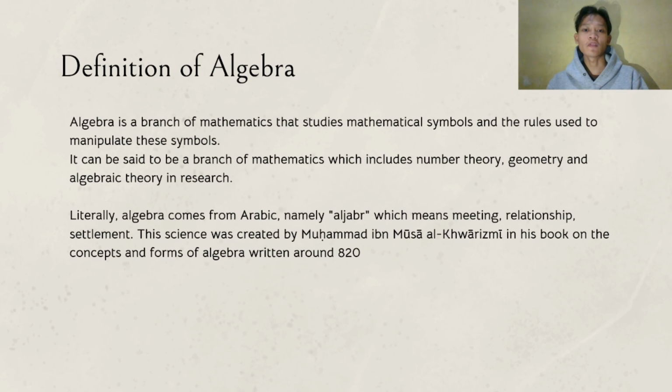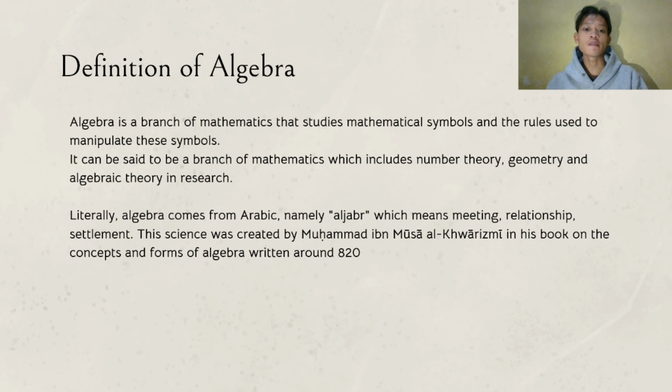Okay, definition of algebra. Algebra is a branch of mathematics that studies mathematical symbols and the rules to manipulate these symbols. It can be said to be a branch of mathematics which includes number theory, geometry, and algebraic theory in research.